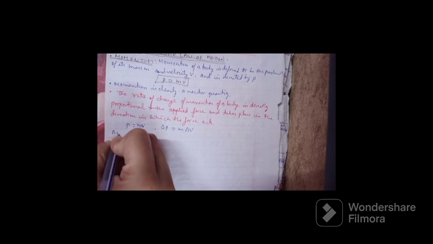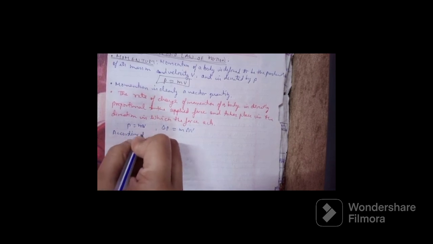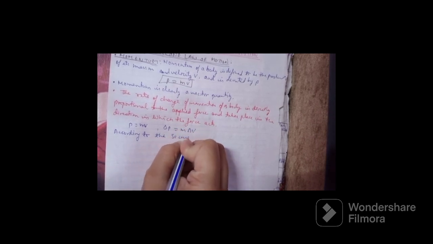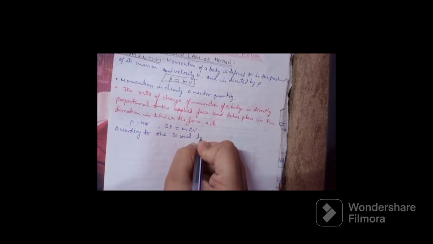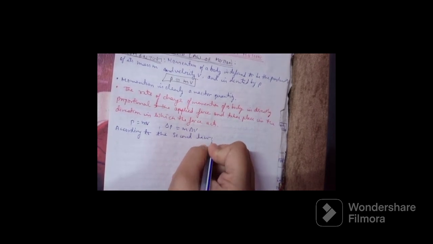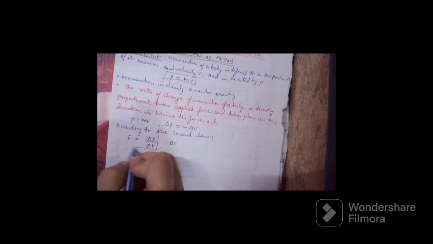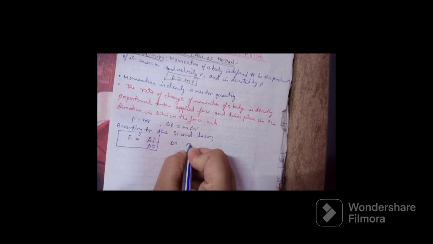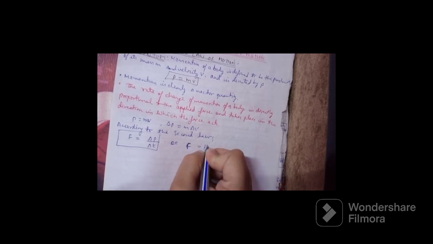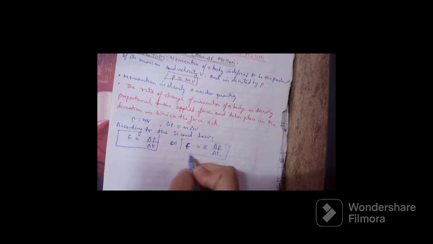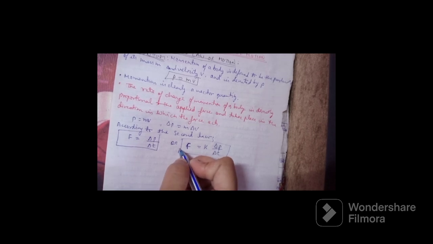According to the second law, force is proportional to delta p by delta t, or F equals k delta p by delta t, where k is the constant of proportionality.